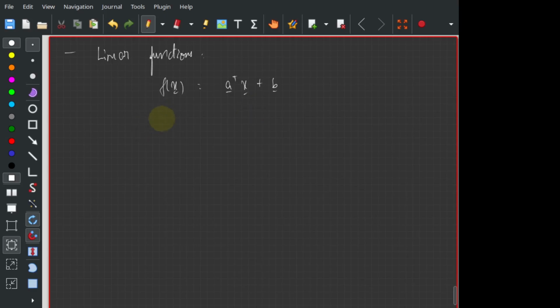What is del square f equal to? It's the zero matrix, which is PSD.